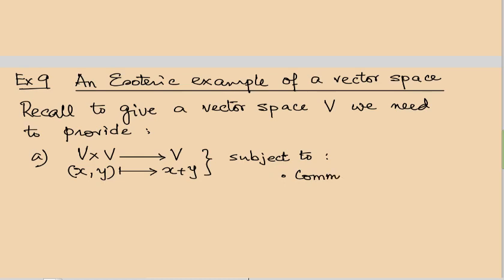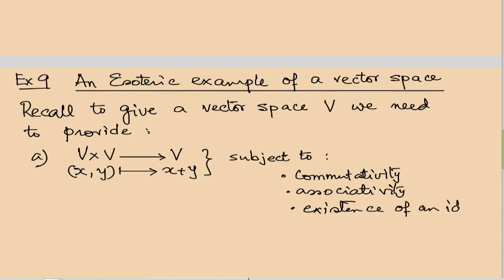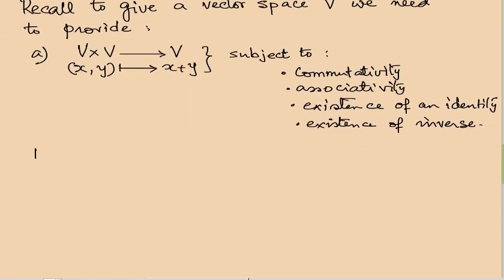Commutativity, associativity, existence of an identity, and the existence of inverse. And the second one is we have to provide a scalar multiplication.